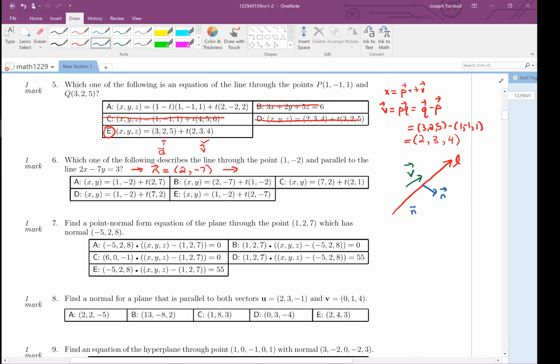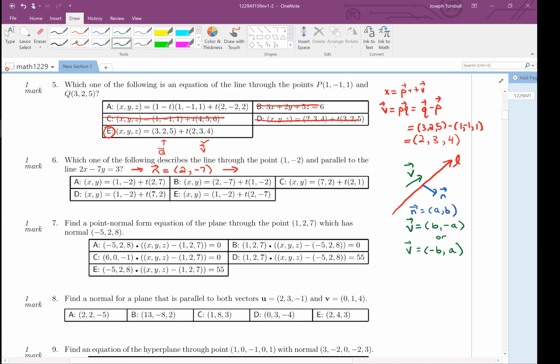Let's say that the normal vector n is a, b. Then your direction vector v you could create in many different ways, the simplest of which would be to switch a and b. So I'm going to put b here, I'm going to put a here, and then put a minus sign in front of one of them. So you could have b, negative a or negative b, positive a. Those would be the two ways that you could create a direction vector from a normal, or vice versa. Given a direction vector, you can create the normal vector in much the same way.